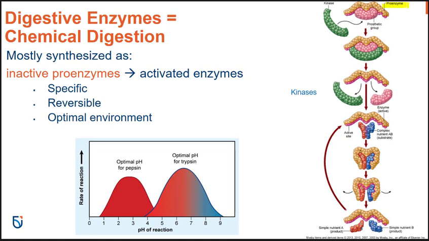So these are produced by certain organs, and then released in the form of an inactive proenzyme. Now, enzymes that break apart proenzymes, converting them to active enzymes, are called kinases. So kinases activate these inactive digestive proenzymes.